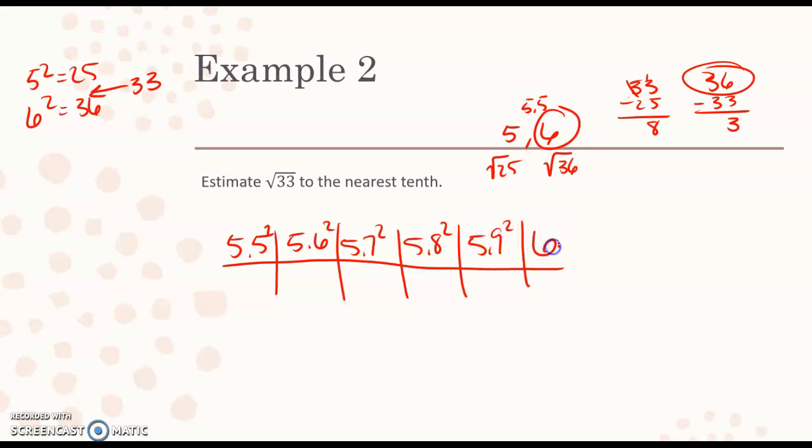We do know that 6.0 squared is 36. Now, because we are only 3 away from 36, I'm going to actually start in this 5.6, 5.7 area, just because I know that 3 is not really in the middle of these numbers.